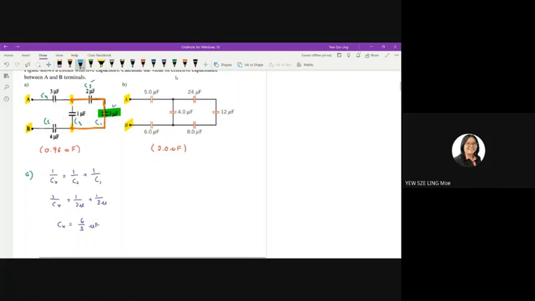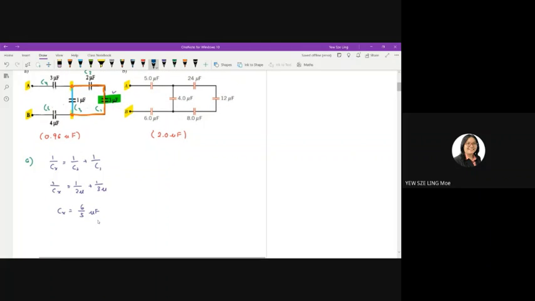Next, I have a second choice to travel from junctions to junction. First one is through the external path. The second one is a shortcut. So if I travel from junctions to junction, the blue color path, I have only 1 capacitor. So which means I'm just going to add them up. Just now I already simplified C1 and C2 into CX. Therefore, the second thing that I'm going to do, I'm going to call it CY.